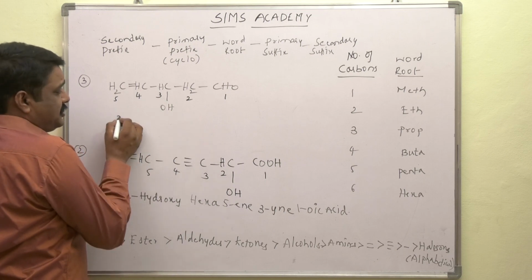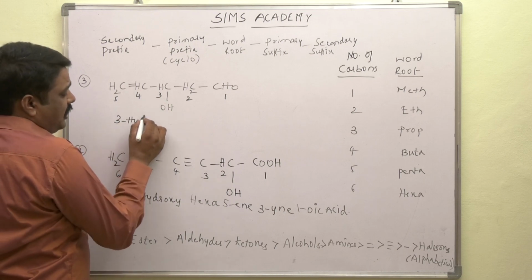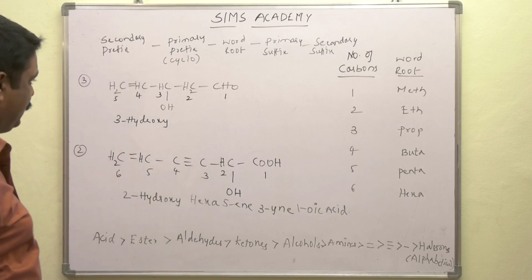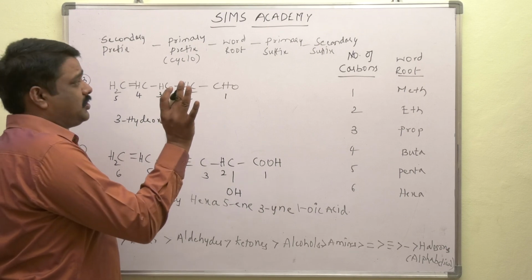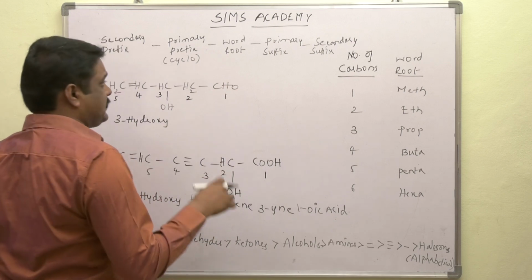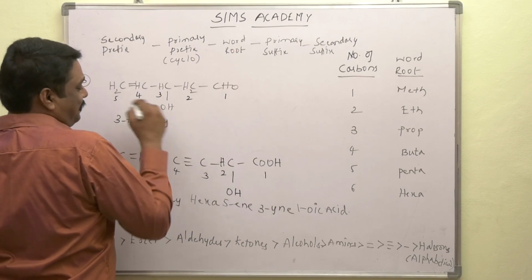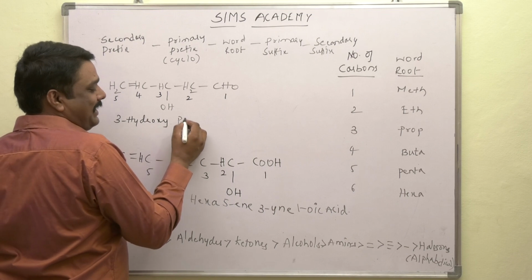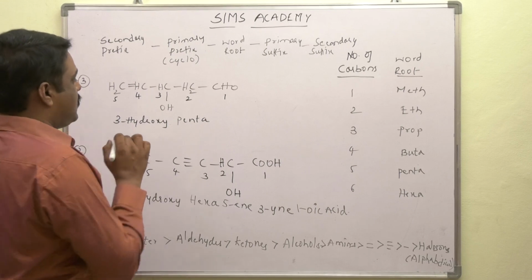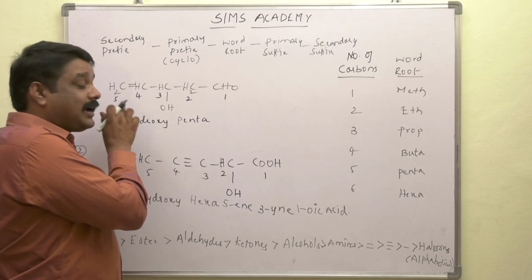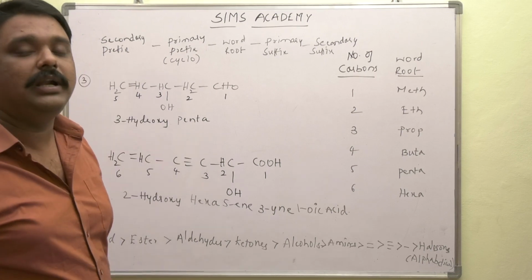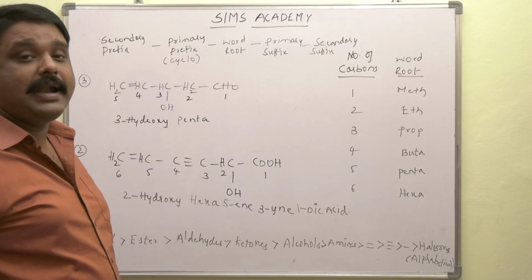Coming to secondary prefix, we have alcohol as a substituent. Hence, we mention 3-hydroxy. Primary prefix, it is not present. Next coming to word root, we have 5 carbon atoms, then we take it as penta, and between 4th and 5th carbon atoms we have a double bond.